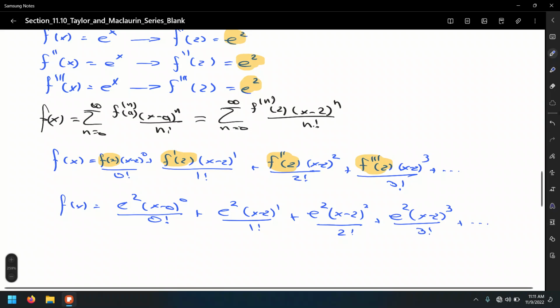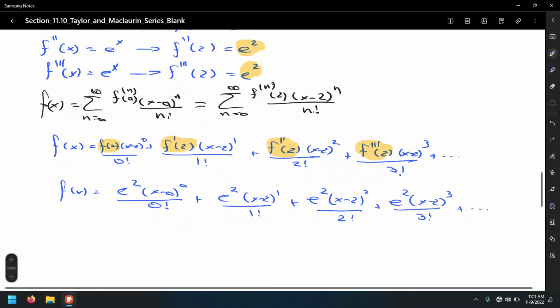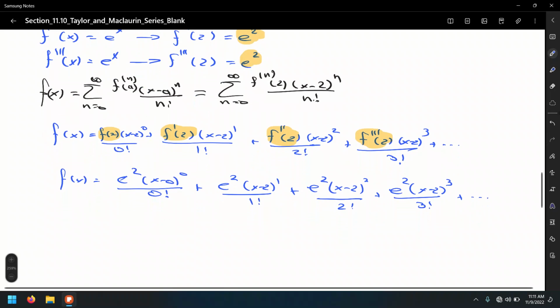Our job right here is to go about the sigma representation of the series. For the first term, it is supposed to be x minus 2. X minus 2, yes. I don't know where the 0 came from. Thank you. So f of x equals the sum from n equals 0 to infinity of e squared times x minus 2 to the nth power over n factorial.